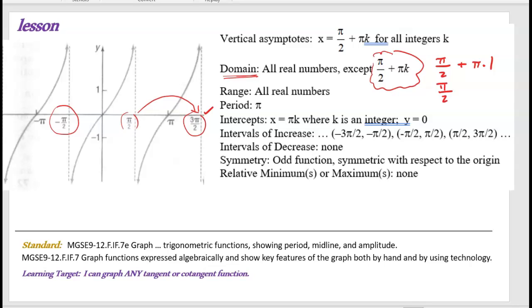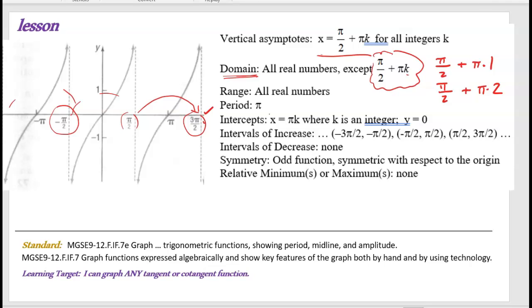Pi over 2 plus 2 pi would take you over here. So any number of pi, k is an integer. K could be 1, 2, 3, 4, 5, or negative 1, negative 2, negative 3. So pi over 2 plus any number of pi is an excluded value. So the domain is all real numbers except those values.